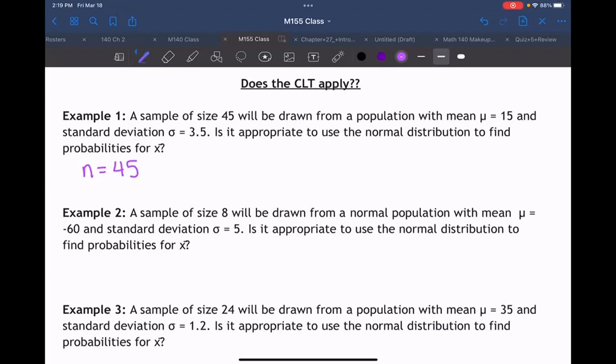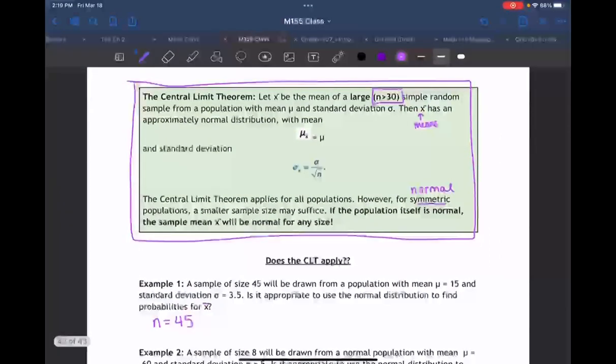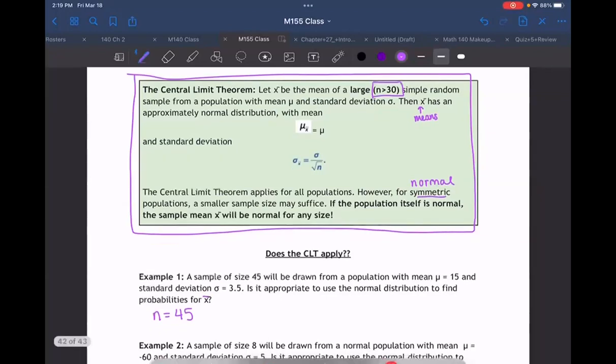Or basically, is it appropriate to use the normal distribution for the probabilities of X bar? Let's go back to this. The big criterion here is, is n bigger than 30? Awesome. So n here is bigger than 30. We don't have to do any more work. The answer is yes.